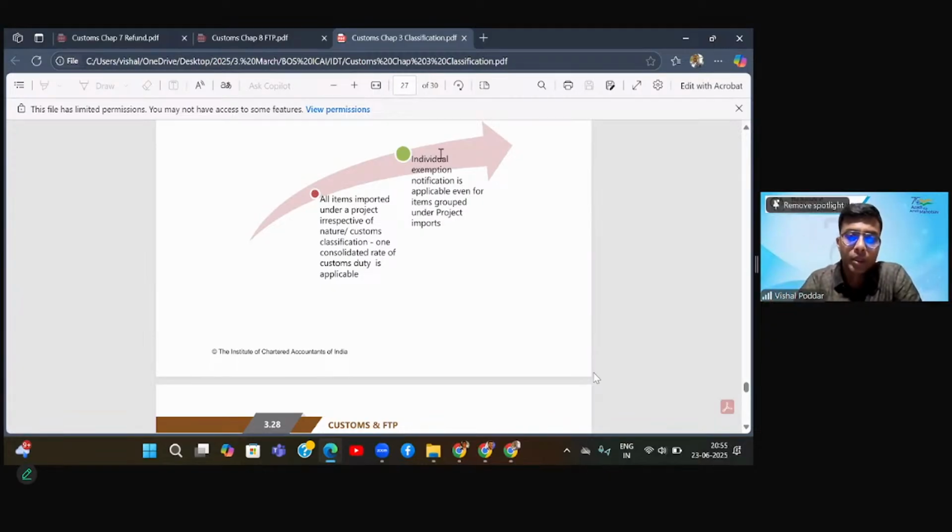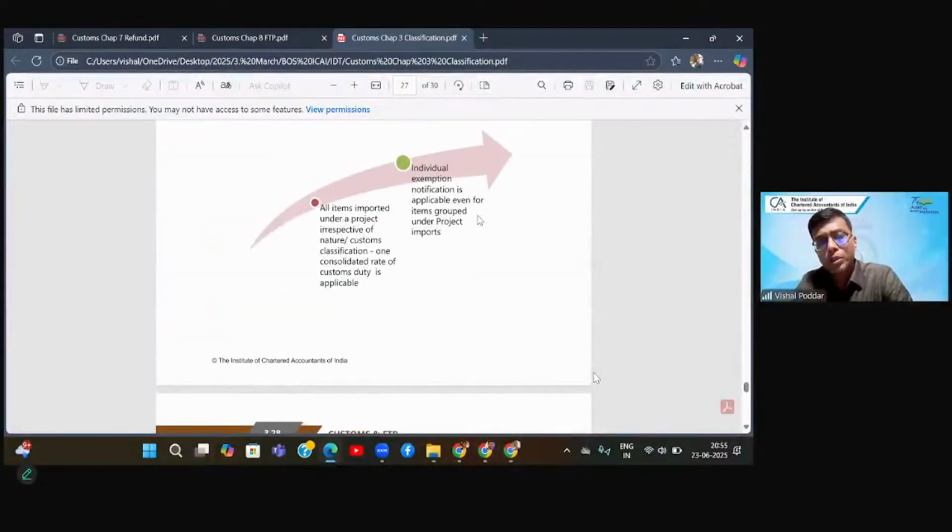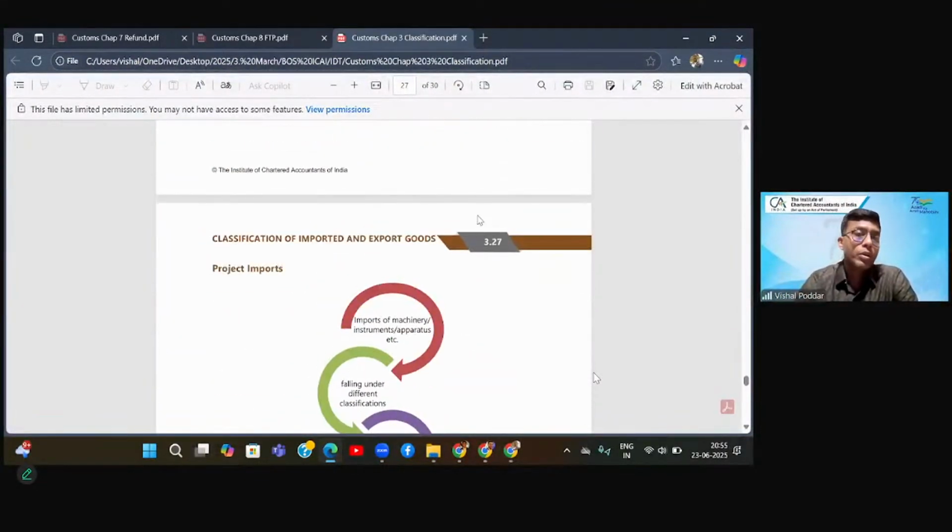Individual exemption notification is applicable even for items grouped under project imports. So this is all about classification. In fact, this is all about the entire customs chapter. So we have completed the entire provisional part of our customs and in fact the whole of indirect taxes.